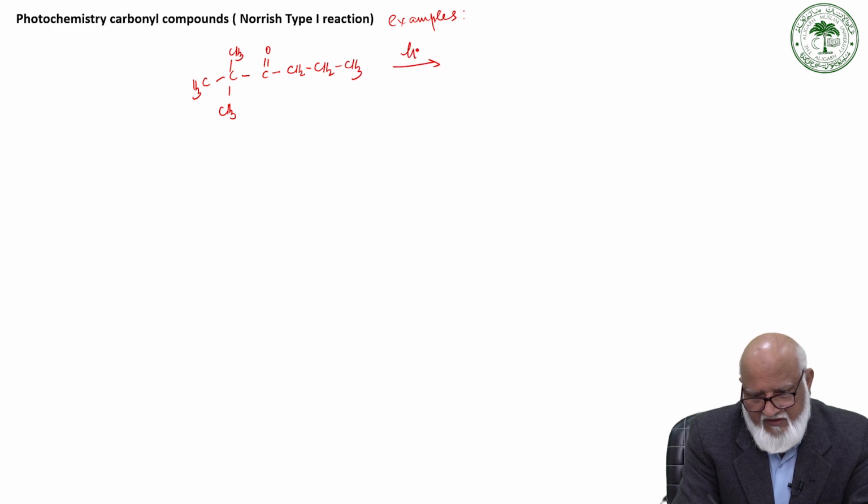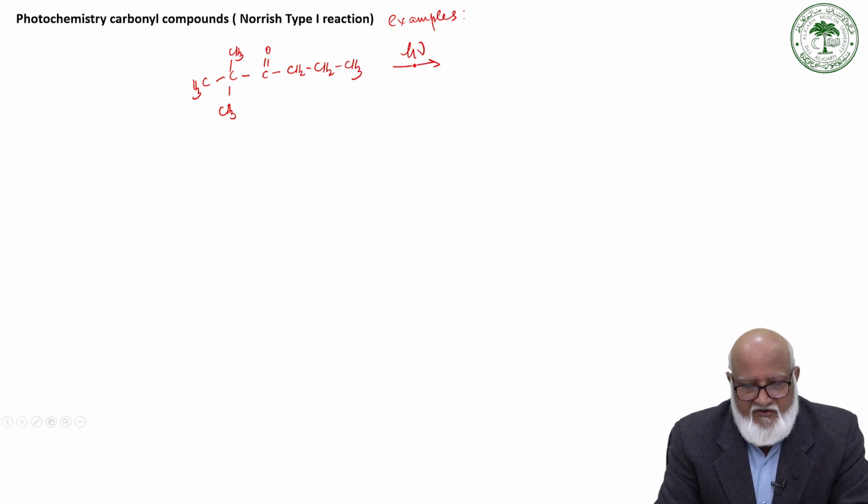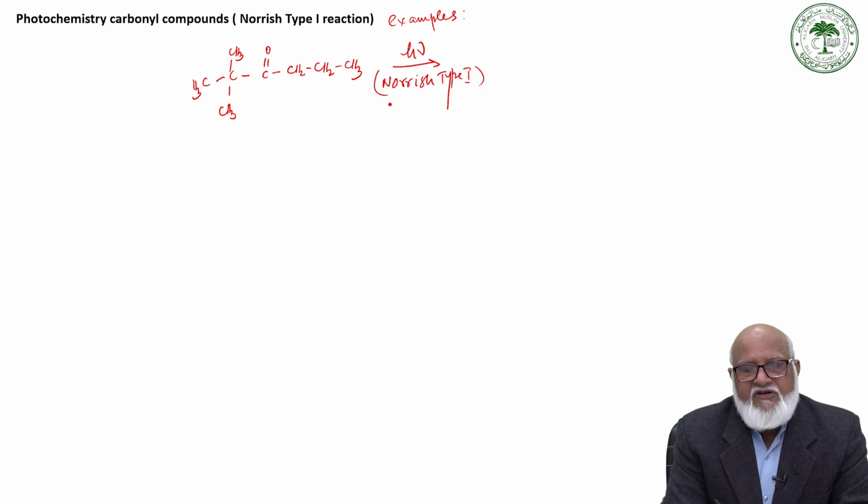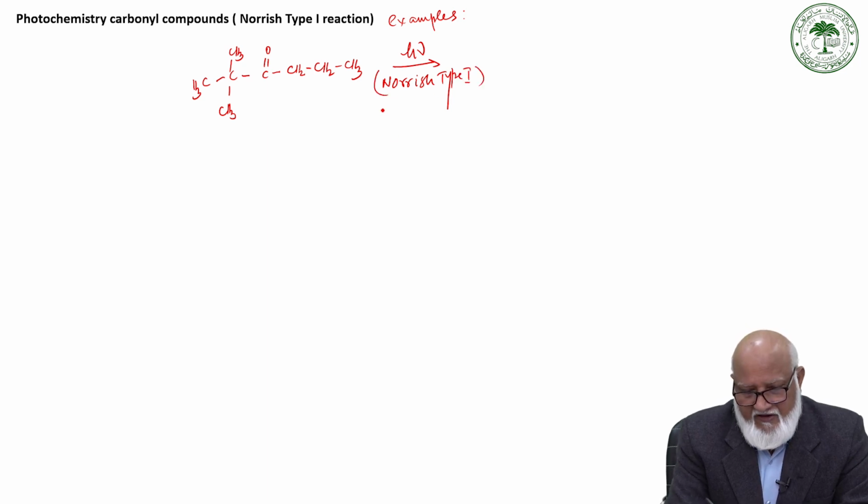If we have a carbonyl compound like this, under photolytic condition, we know that this will undergo Norrish type 1 reaction. Norrish type 1 reaction is nothing but alpha bond cleavage.